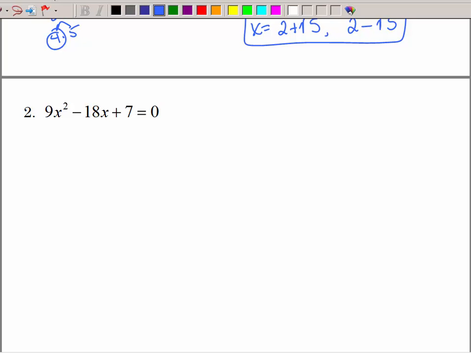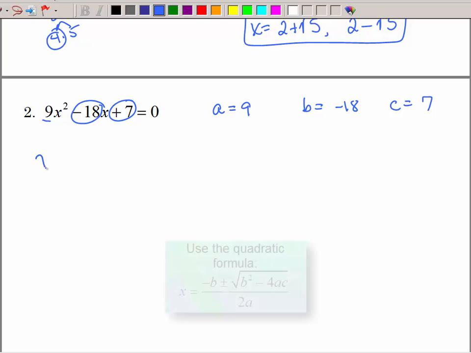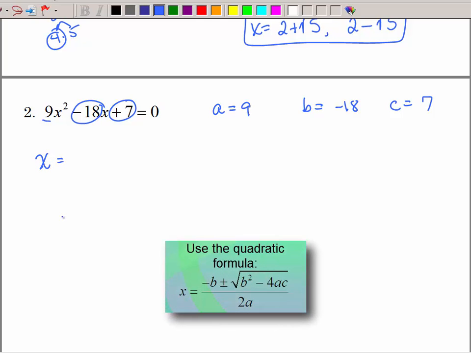Again, it's in standard form, so we just need to practice that. So we need to identify a, b, and c. So we're going to have some bigger numbers. All right, let's say the formula. We have x equals negative b, so the opposite of b, plus or minus the square root of b squared.